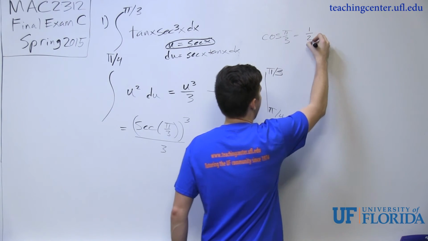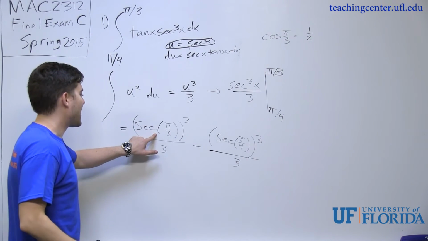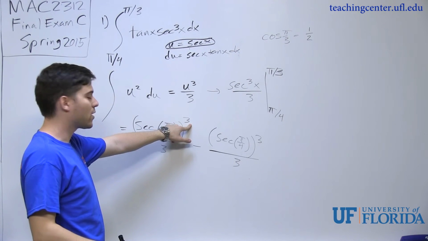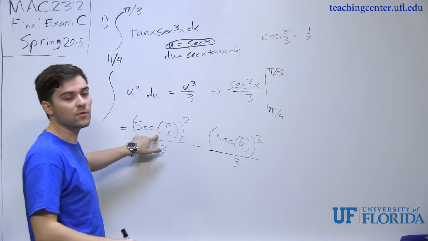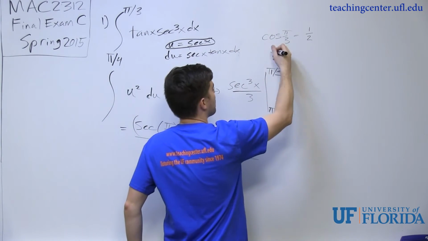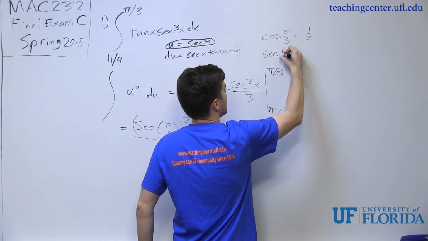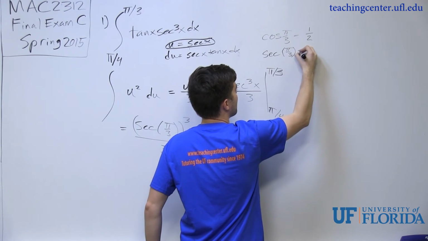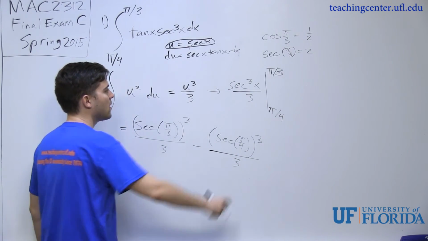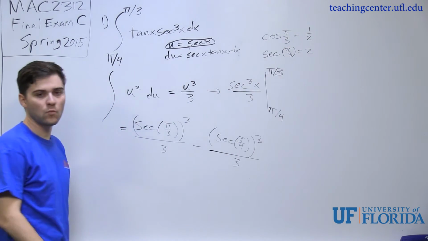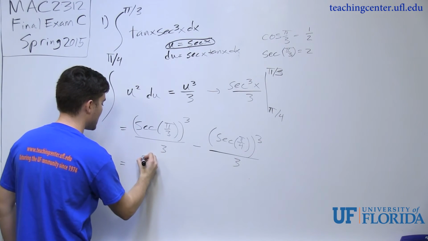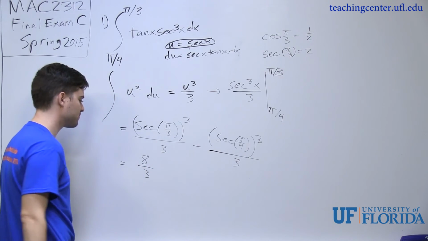Oh, well actually no, it's secant of pi over 3, so secant of pi over 3 is equal to 2, because that would just be the inverse, 1 over that. So this ends up being 2 cubed, which is 8. So this ends up being 8 over 3.